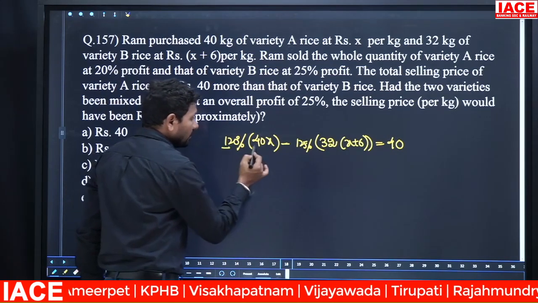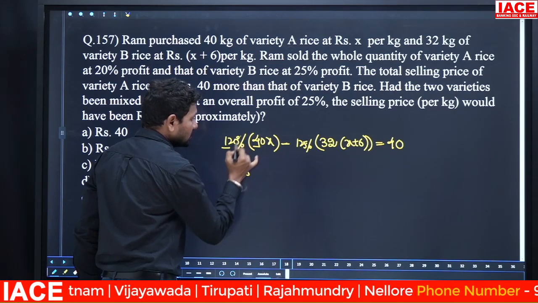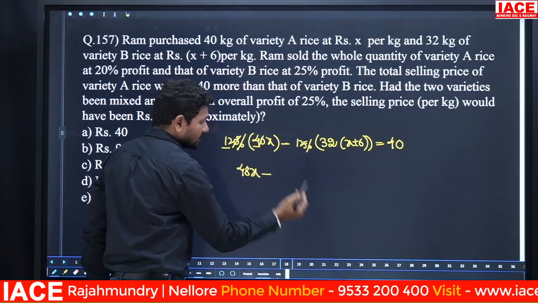120% of 40x: 12 4s are 48, and the two zeros from the percentage will cancel. It becomes 48x.